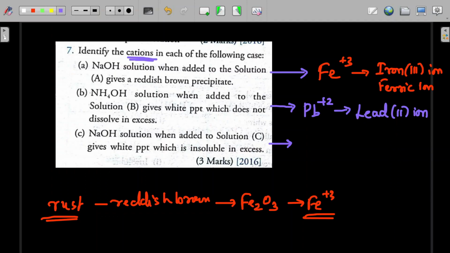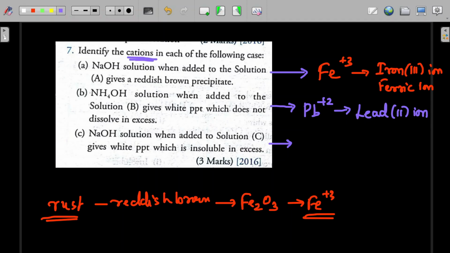Third one, I think we gave you in the test, B and C. Dhanish, what is the answer for the C part? Is it Mg 2 plus? I'm telling you, Mg is not part of our syllabus.